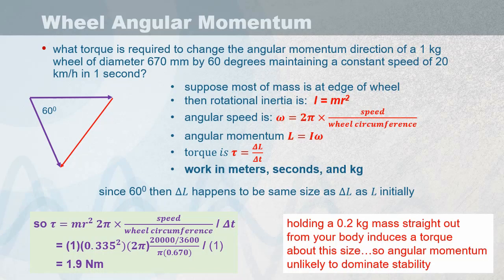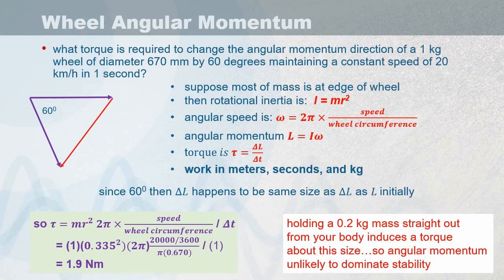So for this problem, let's work in meters, seconds, and kilograms. So we'll change any of the pieces of information that are given in different units than those. And the reason I picked 60 degrees is actually just to simplify the problem.